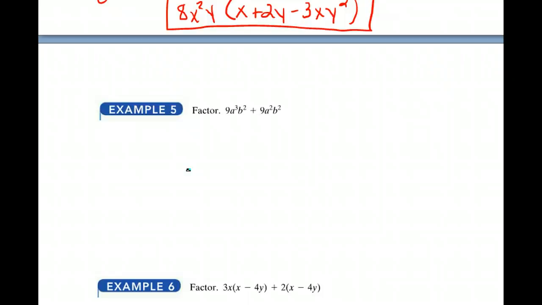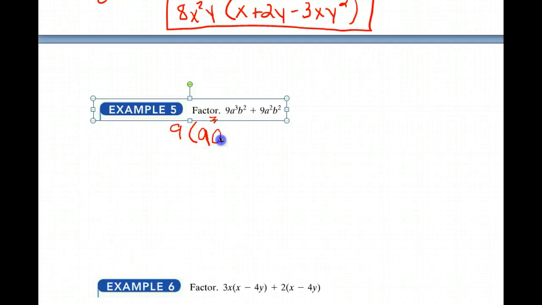Okay, at this point you should be ready to check your work with me. As you look at your two expressions, you should have seen that you can divide out a 9, and that is the GCF of your coefficients. So we're going to have 9a cubed b squared.